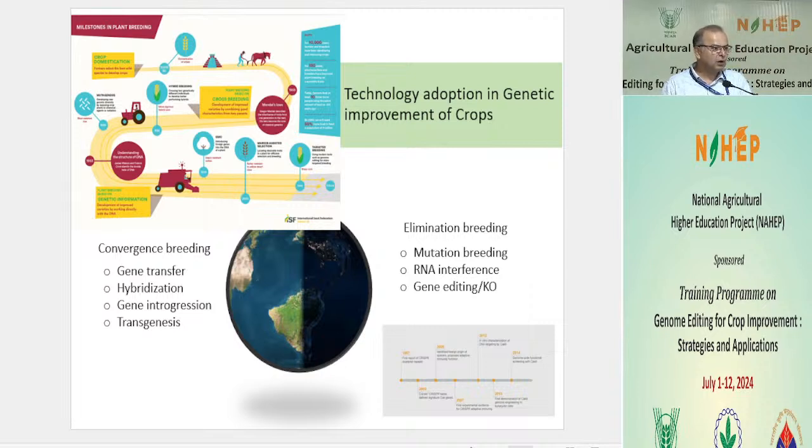But that was not a foolproof system, because most of this RNA interference work has shown that you can reduce but you can't really completely knock out, because in most cases it would not give you 100% silencing of a gene. And then very recently, although it's not very recent, it's more than a decade now, various methods of gene editing have come up, where you can precisely knock out a gene.